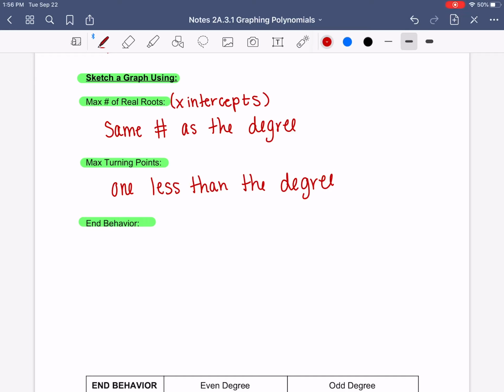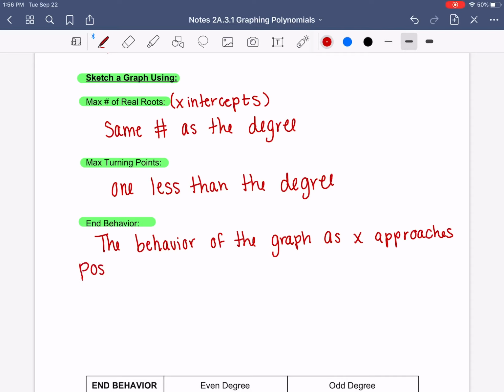End behavior is just the behavior of the graph as x approaches positive and negative infinity. So we're basically looking at, are the arrows pointing up or down?